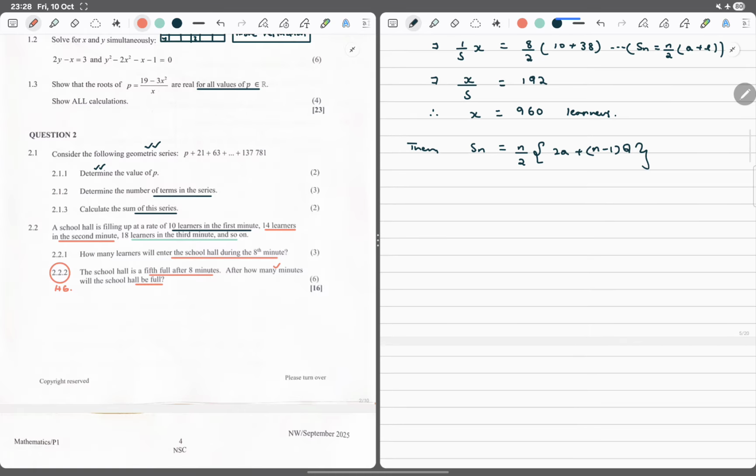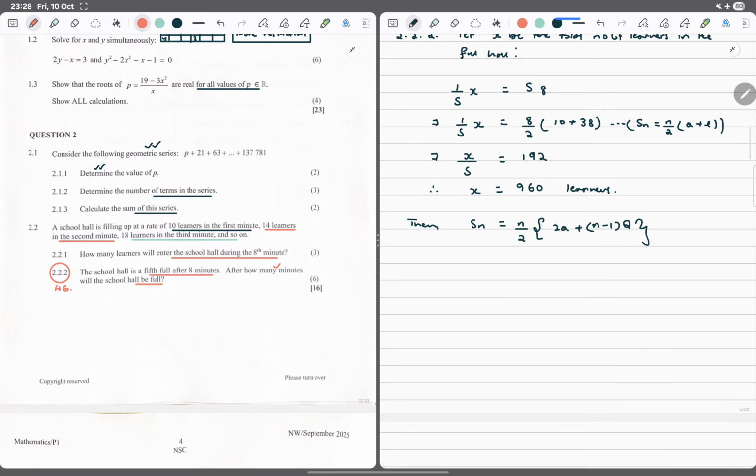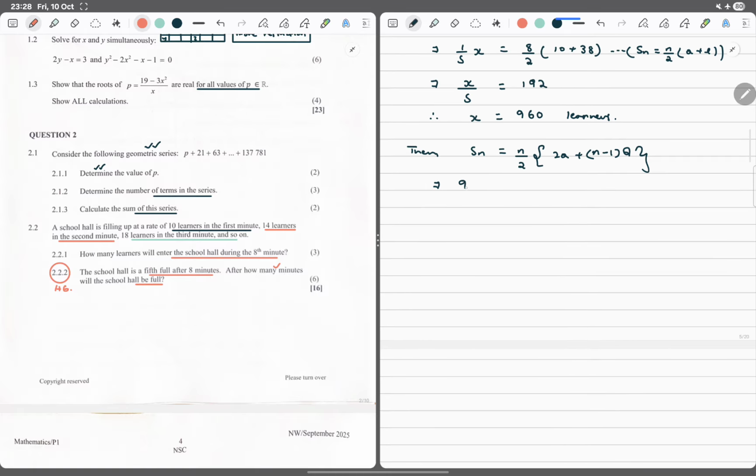So the examiner is forcing us to use the other formula somewhat. How so creative. So this implies, guys, that we've got 960 equals n over 2 into 2 into 10 plus n minus 1 times 4. Okay, good stuff.